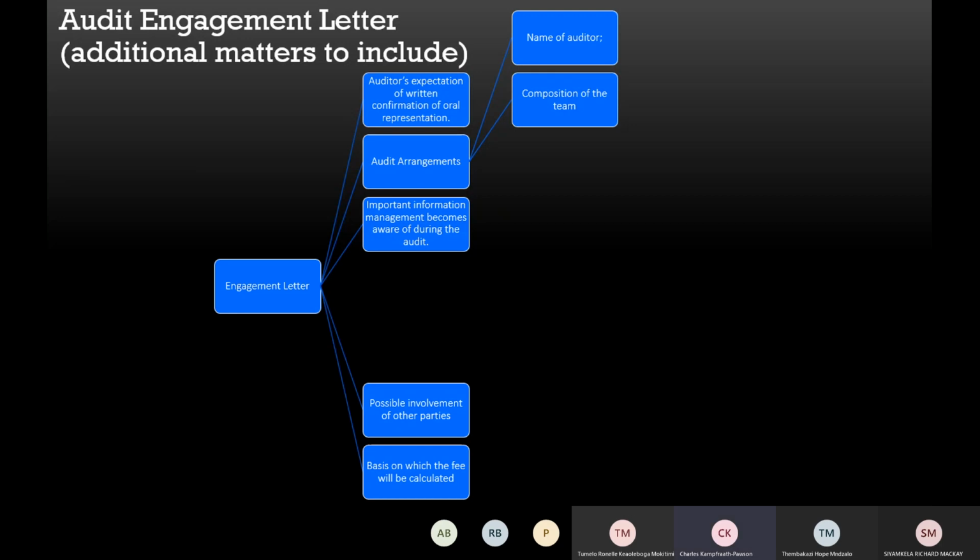If we look at the second point, audit arrangements, there we want to tell the client the name of the actual auditor, because remember, some audit companies are quite big. So that audit company will assign a specific audit partner or audit director to that account, and they must know who's in charge of this audit. What does the team comprise of?